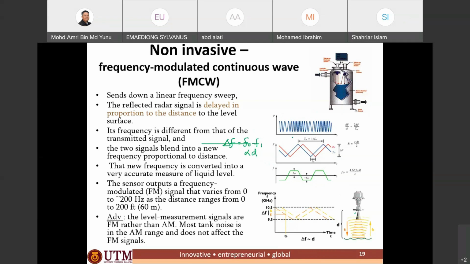So that difference can be used to estimate the distance. The advantage of this system is that it is more immune to noise.